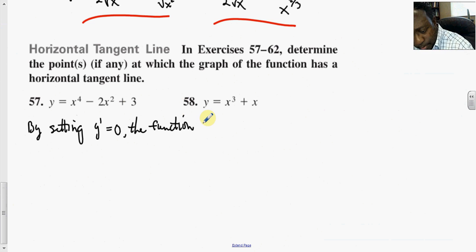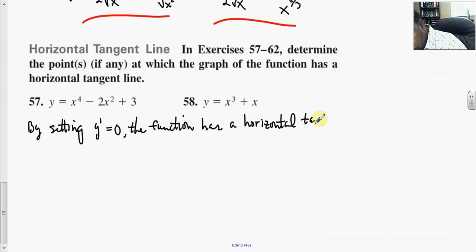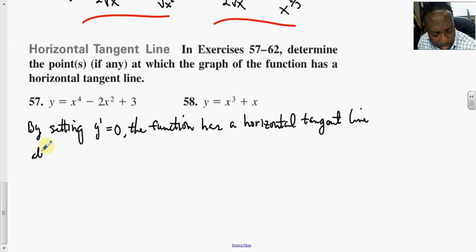the function has a horizontal tangent line at.